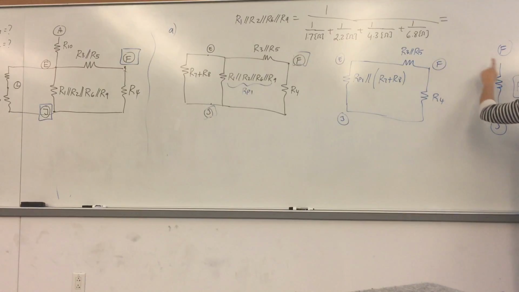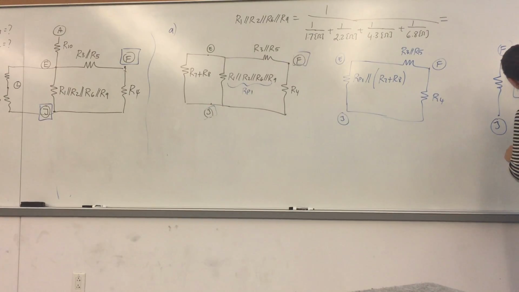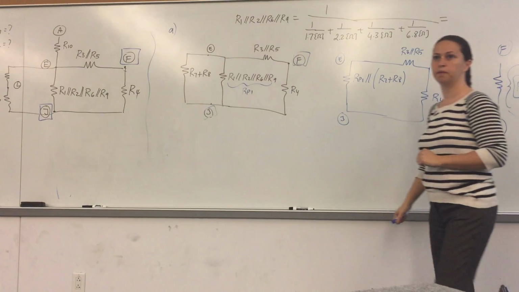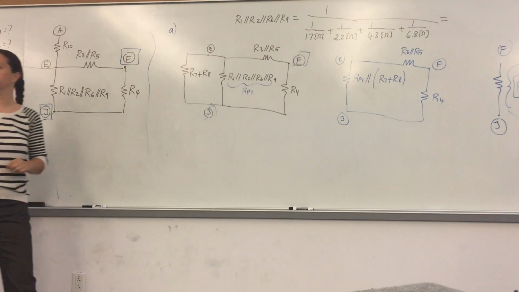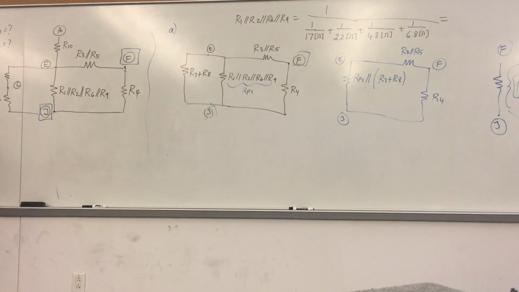That is in series with R3 in parallel with R5, which is in parallel with R4. And let's see, that makes it RFJ. That's your answer, part A. Okay? It's like a puzzle, isn't it? It's fun.